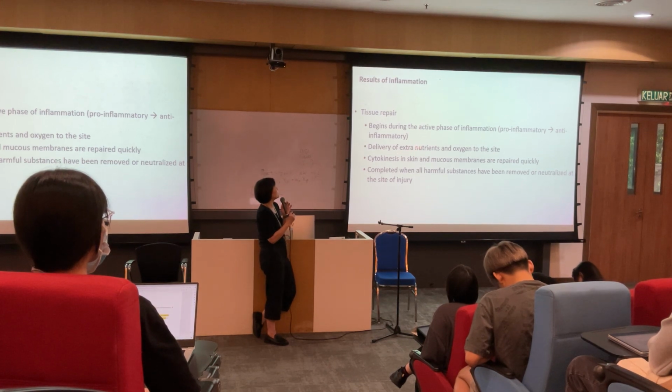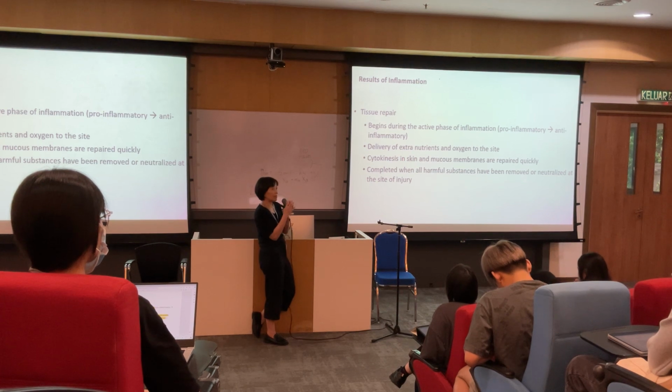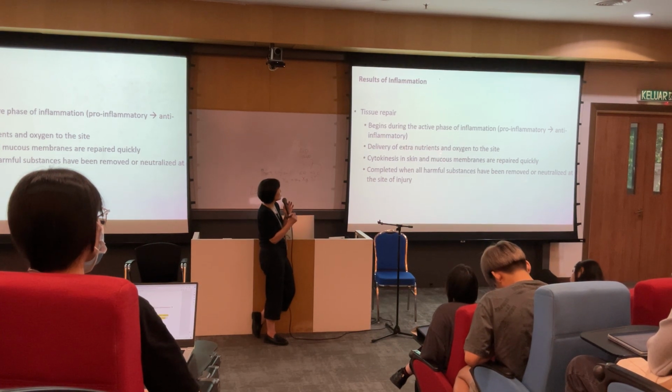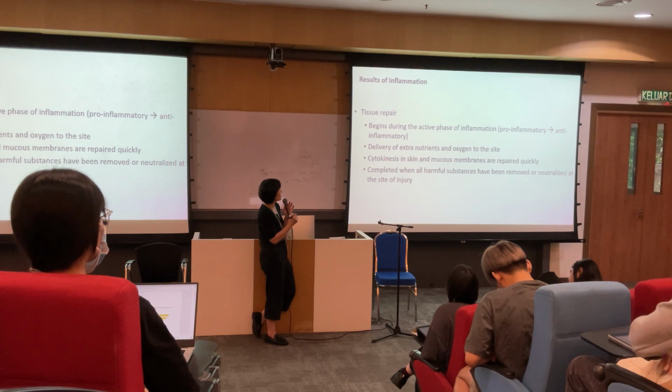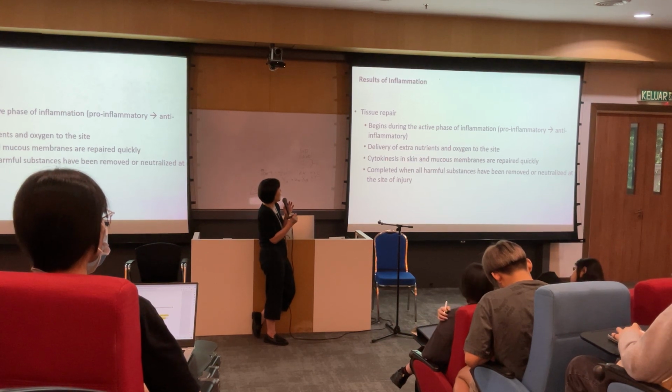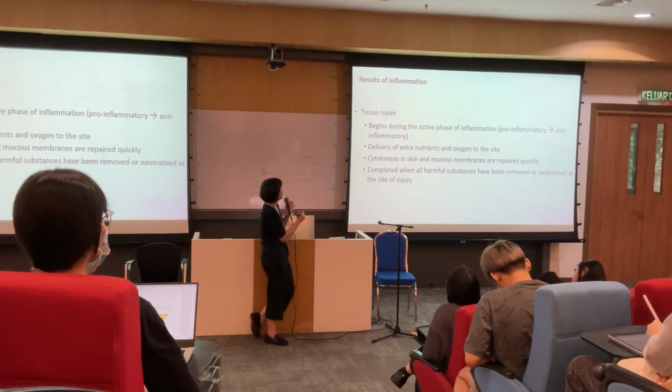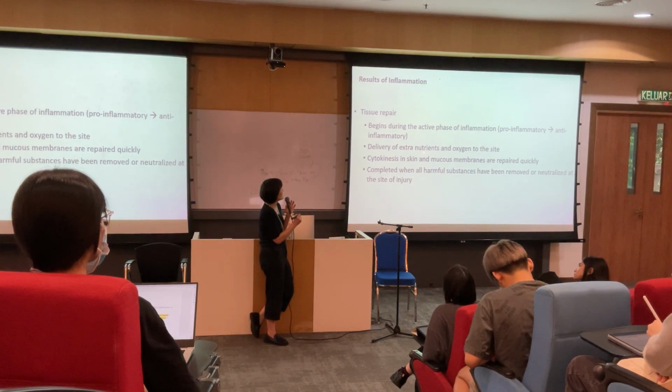What happened? Then you need to bring nutrients. So cytokinesis is the cell division, proliferation of cells of the skin or mucous membrane, so that the tissue can quickly repair. So you need to deliver nutrients to do so, because cell proliferation requires nutrients. And one more thing is the angiogenesis. The angiogenesis also happens at the same time. So you want to bring the nutrients.